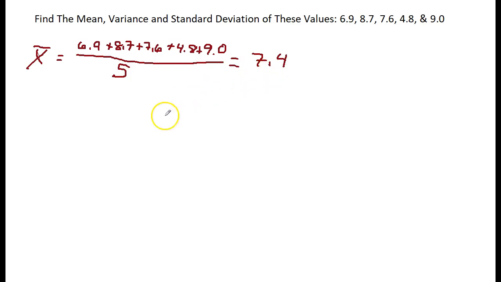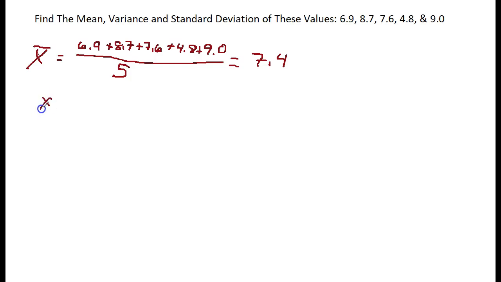Now we're going to make a table, and in this table I'm going to place each piece of data and then the mean, and in order to find first of all the variance, I have to subtract each piece of data minus the mean.